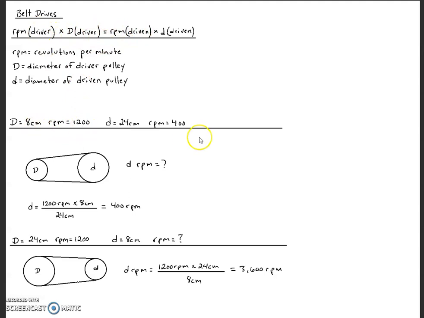So we just take the formula and plug all the numbers in. Again, it's all given, but just for the sake of calculating it, we plug them into the formula, assuming that this was missing. So we have 1200 RPM times 8 centimeters, over 24.